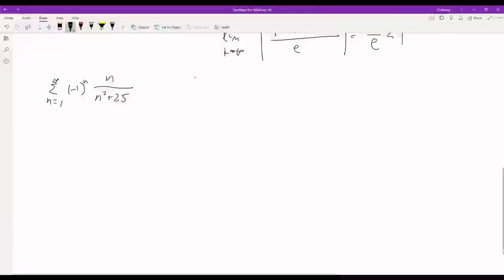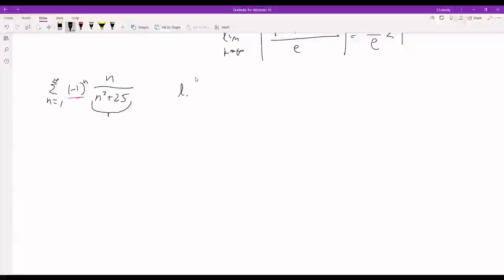So this one, immediately, what comes to my attention is the negative 1 to the n, which means this is an alternating series where the terms alternate between negative and positive. So all we need to see for an alternating series is whether the other part, the non-negative 1 part, has a limit that goes to 0 as n approaches infinity.